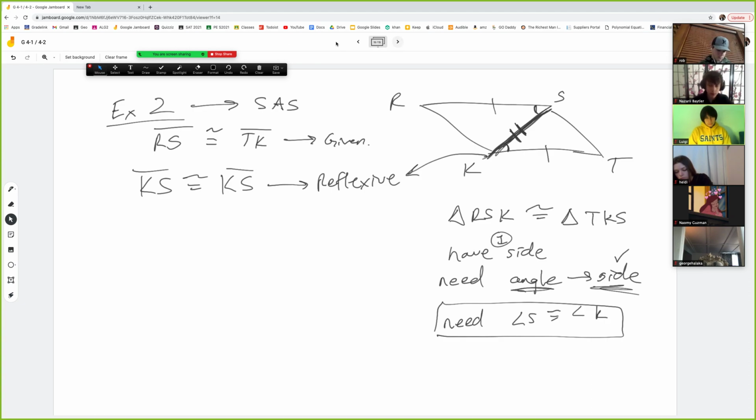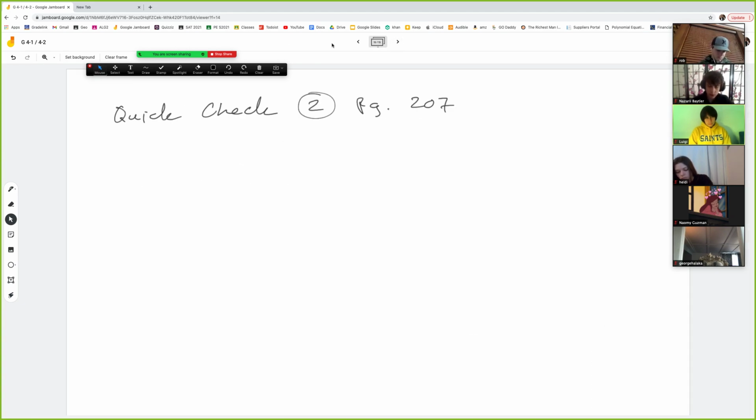So quick check 2 on page 207. It looks like this. 8, 7, 7, 6. Okay, quadrilateral ABCD.